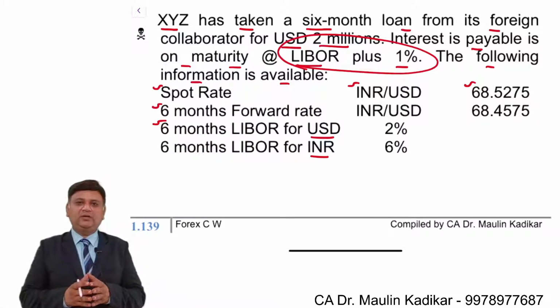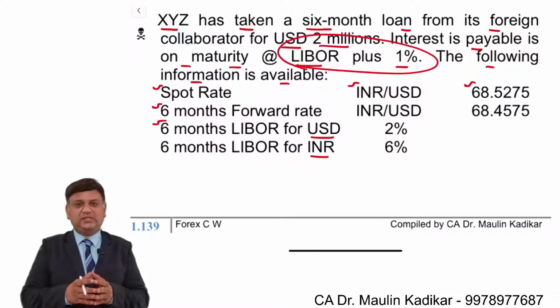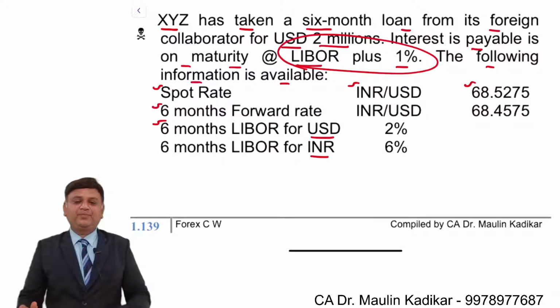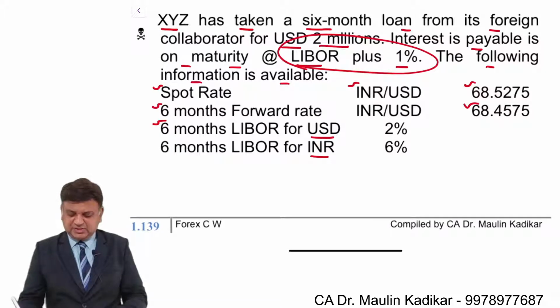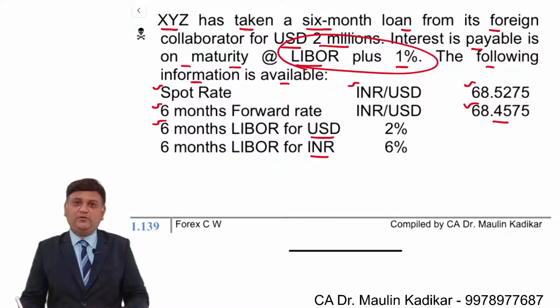Now friends, for this decision making, we are required to make a comparison between the money market hedge and the forward market hedge. In case of the forward market hedge, the rate at which you are required to pay is fixed, 68.4575.